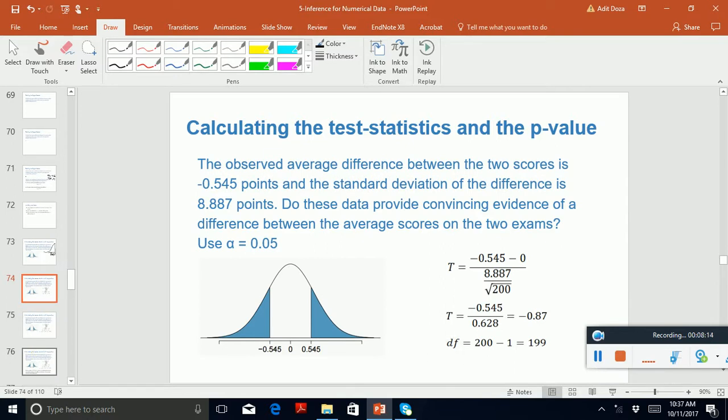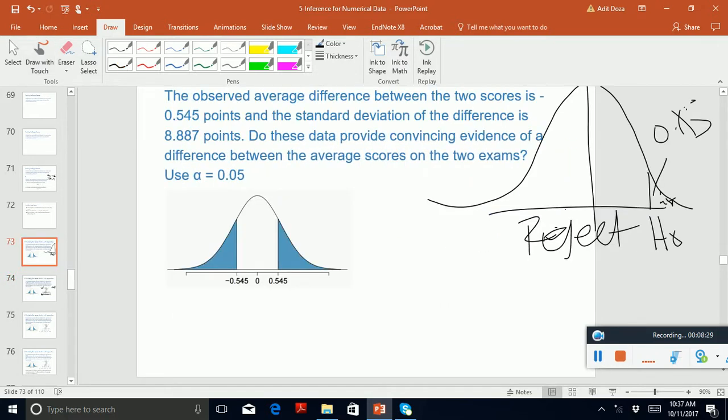So if you see the degree of freedom, 99. So we have actually used the formula in slide 64, which is the difference minus the null, right?